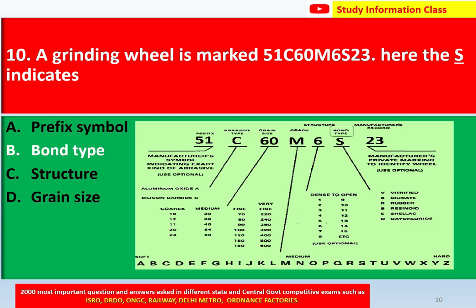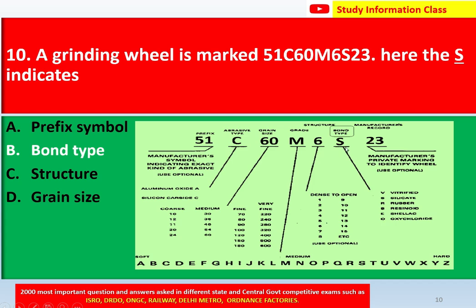In this diagram, 51 is the manufacturer's symbol indicating the exact kind of abrasive. C is abrasive type, and 60 is grain size like coarse, medium, fine. M is grade, which is soft, medium, and hard from A to Z. 6 is structure, dense to open.